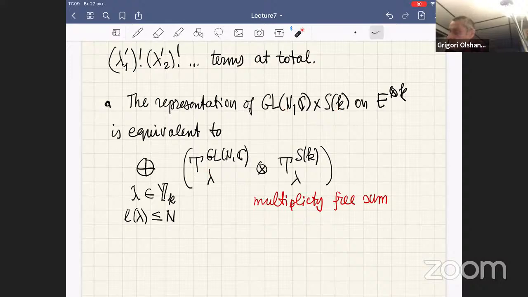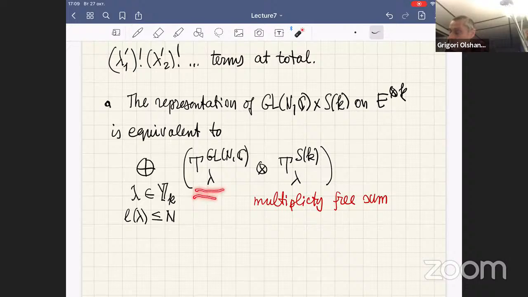These representations are indexed by Young diagrams with k boxes whose length does not exceed capital N. This is a representation which we already know in terms of its character.